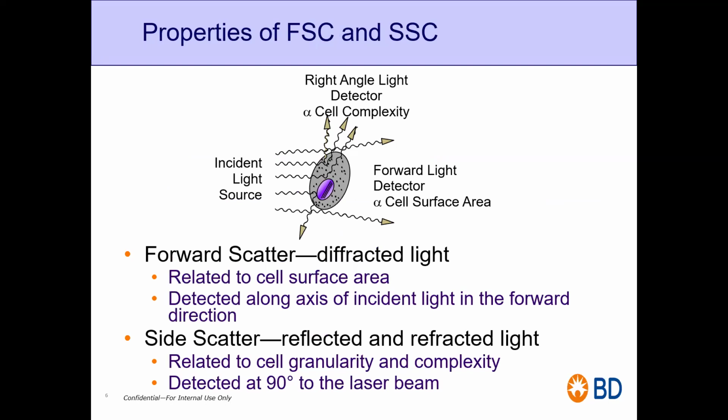Basically, fluorescence intensity comes from the other detectors, for example, a red channel detector or a blue channel detector. Now how does it detect? Forward scatter works on the principle of diffraction of light, and your side scatter works on reflection or refraction of light. What does it mean?